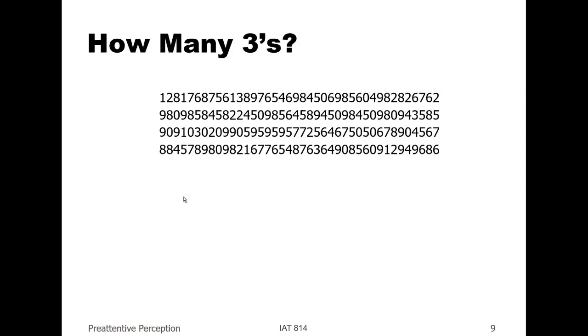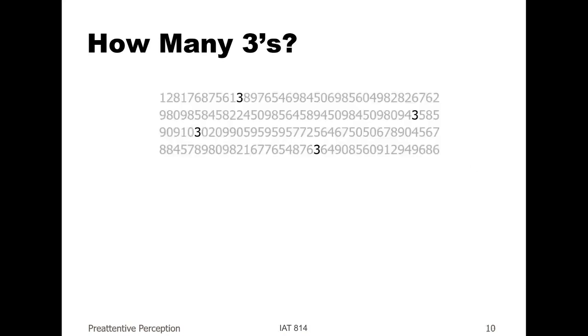So let's start with an example. The question here is, how many 3s are in this big old block of digits? Now count how many 3s. Now, this second block is identical to the first one. You can see the digits are the same as I scroll back and forth.